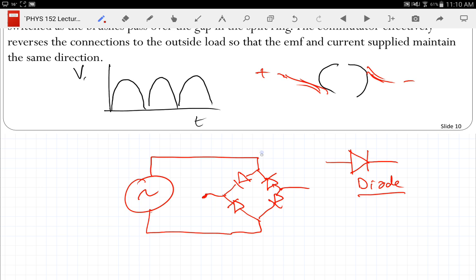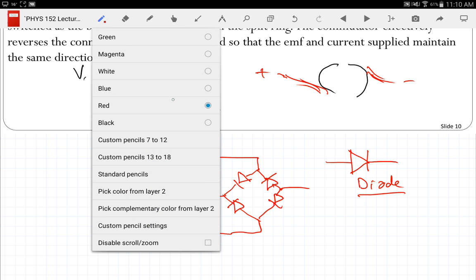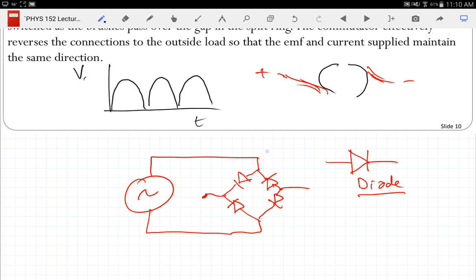So when you take this, if this is positive, then that positive will go this way because the current can flow through it. If it's negative, it can't. If this side here is positive, the positive can go this way.